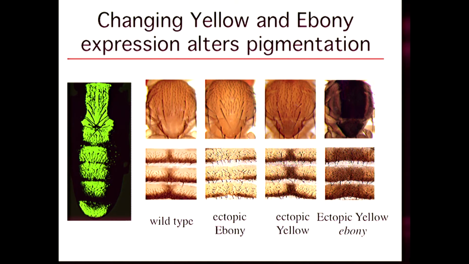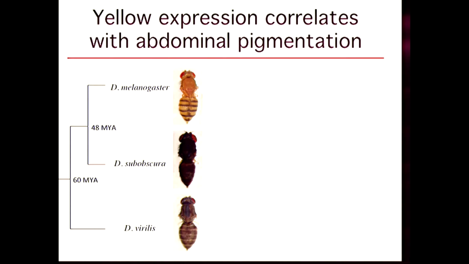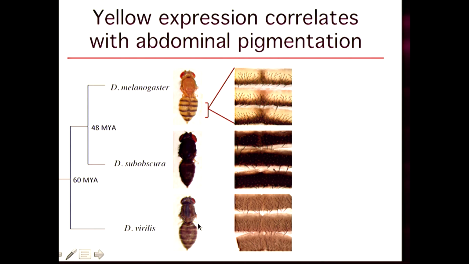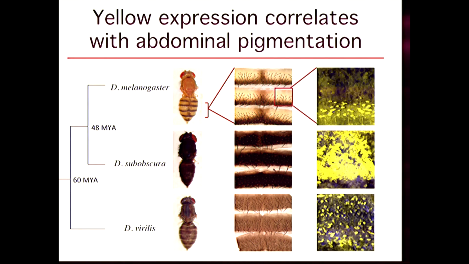So if I can do that in the lab, the suggestion is that what's happened in nature? Okay? When we look at different species that have evolved different types of pigmentation, such as those shown here, this species has stripes, this species is all black, this is sort of a lighter color. Again, this is a close-up of their abdomens. I did look at where the yellow protein was expressed in all of these species, again, using that antibody tool.